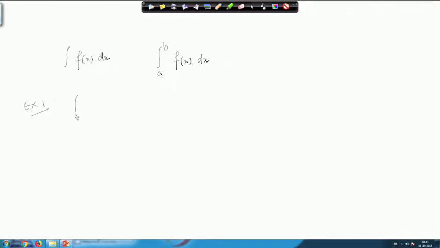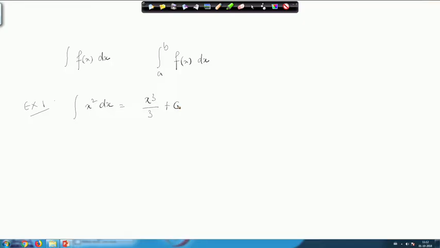You have integral of x squared dx, and if you integrate, it is x cubed by 3 plus c, where c is any arbitrary constant. You can see that the answer of this integral is a very nicely behaved function. x cubed is a continuous as well as differentiable function, and c is a constant function.